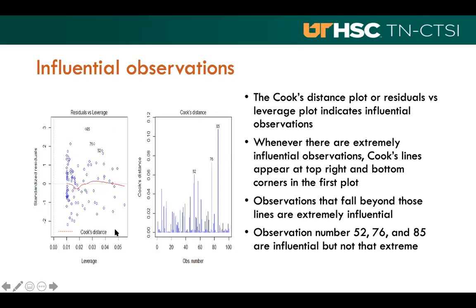In the examination of the association between the x variable and the y variable, which are randomly generated, the 52nd observation, the 76th observation, and the 85th observation seem to have large leverage, which means there are extreme x values for these observations.